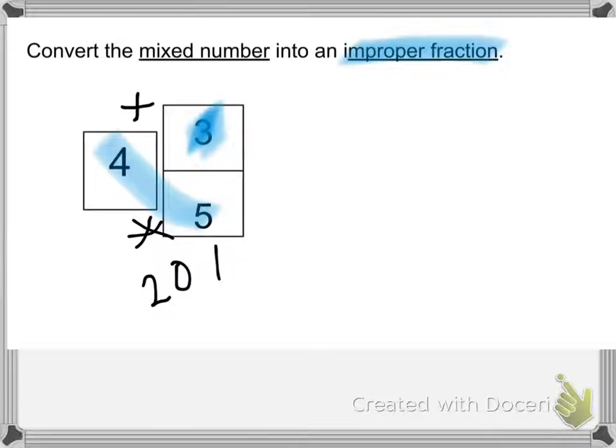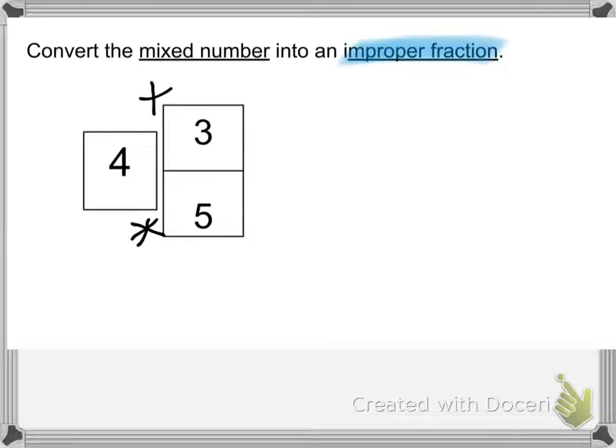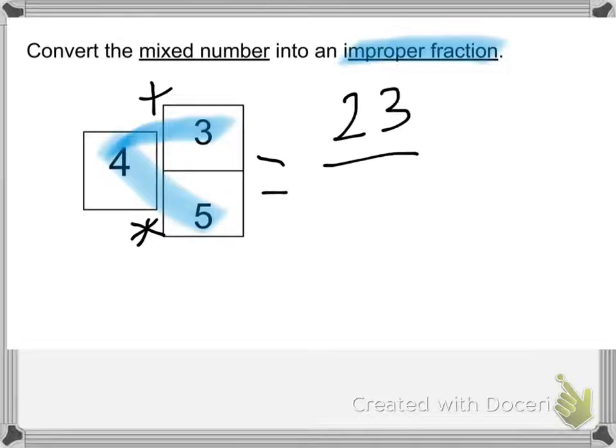Again, to turn this mixed number into an improper fraction, you have to take 4 times 5 plus 3. 4 times 5 is 20, plus 3 is 23. So it'd be 23 over 5.